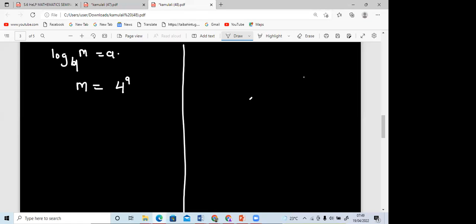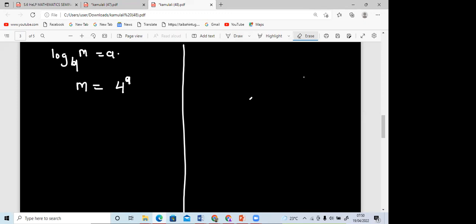But now I'm going to do something. Since I'm proving, I can remove this a. In order for me to remove this a, I have to get a root. Whenever I have something, let me say x squared is equal to 4, to remove this 2, it means that I'll multiply this side by half and I multiply this side by a half. So I can apply the same thing.